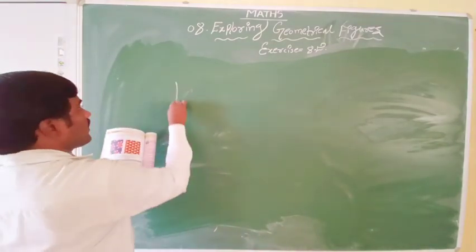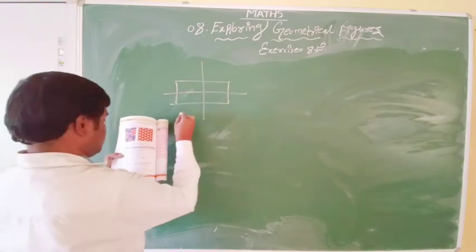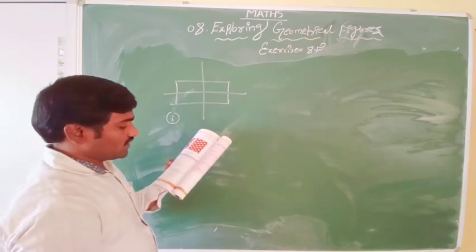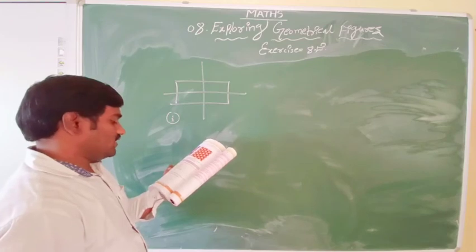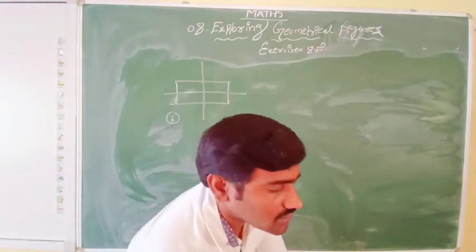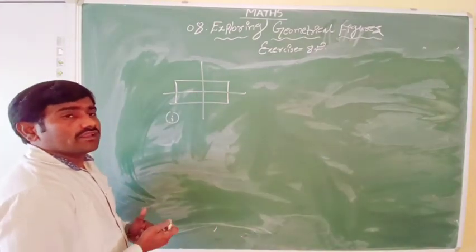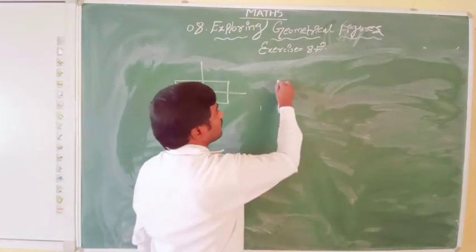Some of them I will try to draw here. A rectangle has two axes of symmetry. First figure. Draw the line symmetry of the following figures. Identify which of them have a point symmetry. Is there any relation between the line symmetry and point symmetry? Yes, I already told you the relation between line symmetry and point symmetry.